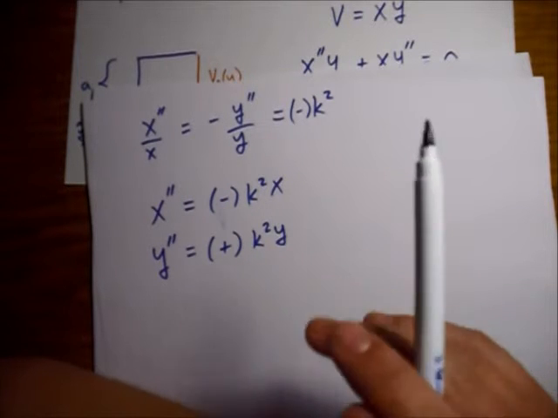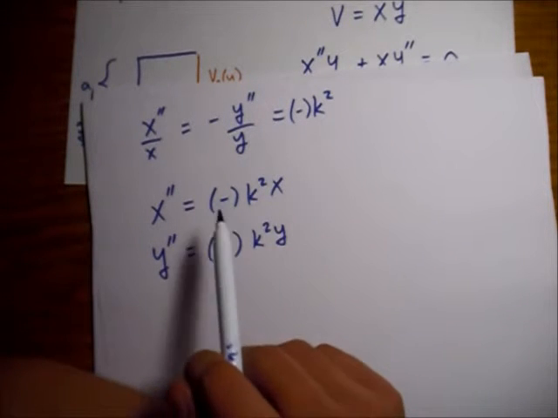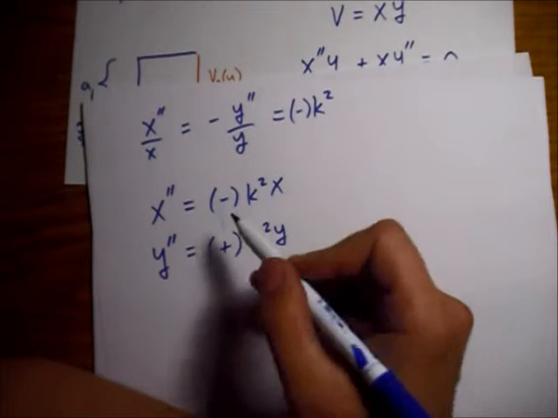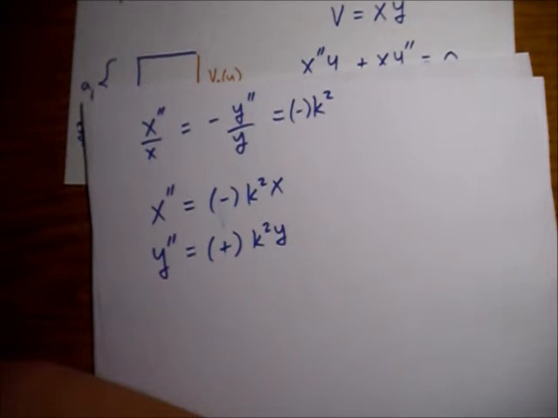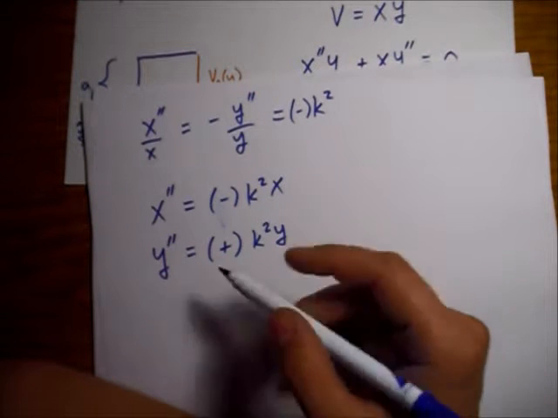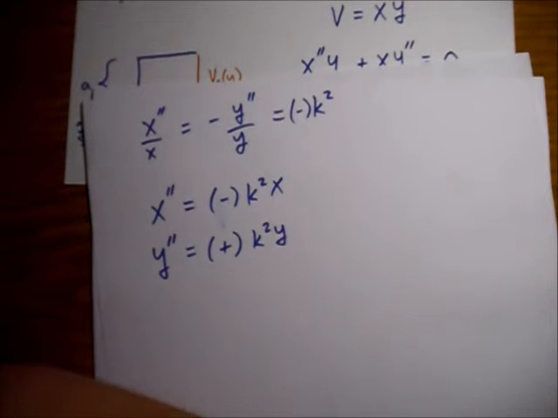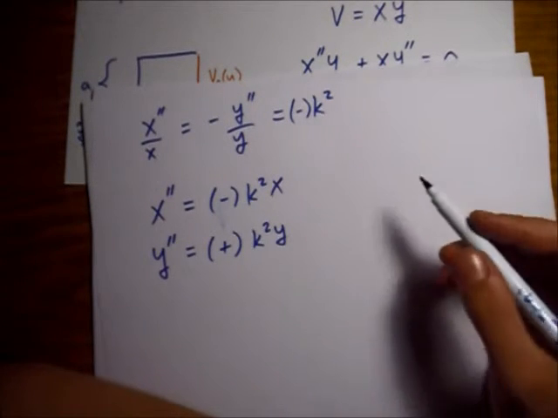If we have a minus sign here, we will get sines and cosines for our solution, and if we have a plus sign here, we'll get an exponential that increases as well as an exponential that decays.